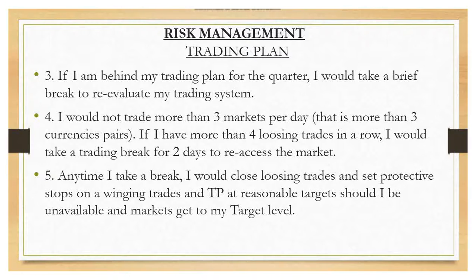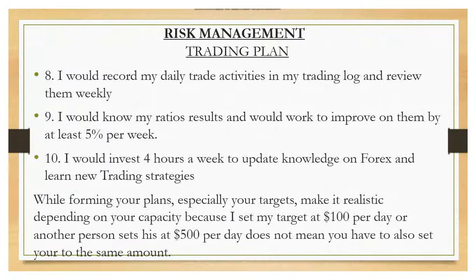If I have more than 4 losing trades in a row, I would take a trading break for 2 days to reassess the market. Number 5: Anytime I take a break, I would close losing trades and set protective stops on a winning trade and take profit at a reasonable target, should I be unavailable and the market gets to my target.